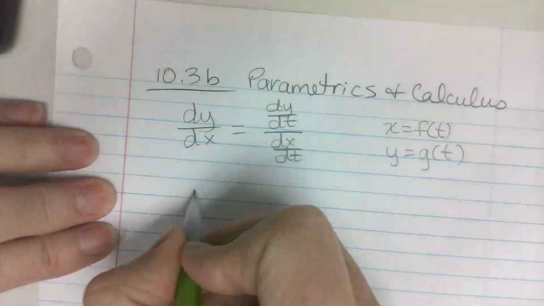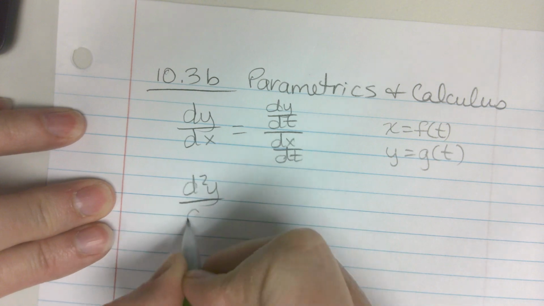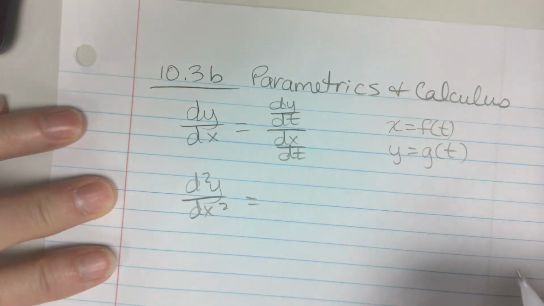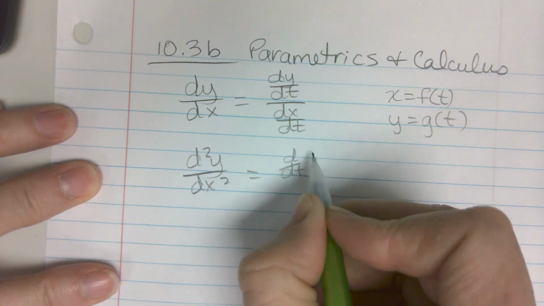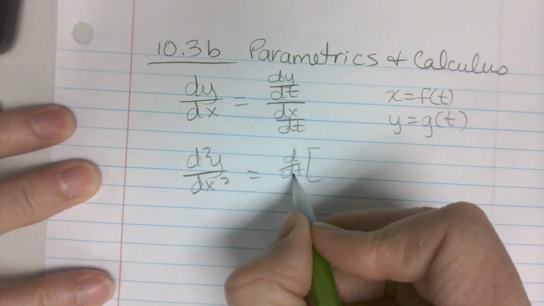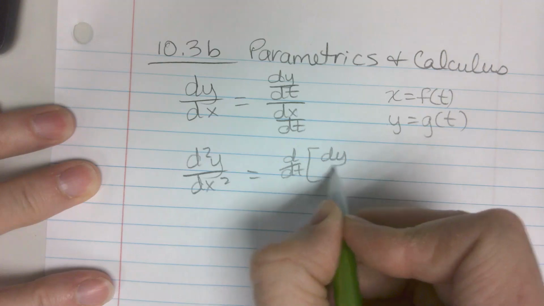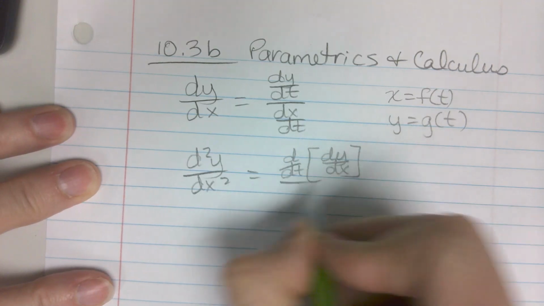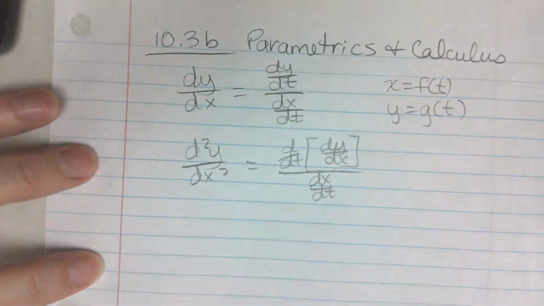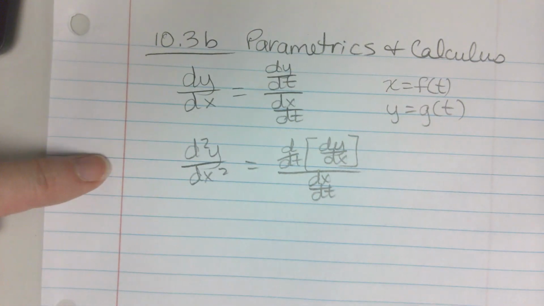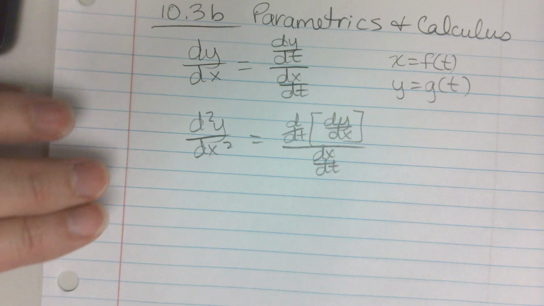What is d2y, the second derivative over dx2? The derivative of dy/dx. The derivative with respect to t of dy/dx over dx/dt. That's the second derivative.